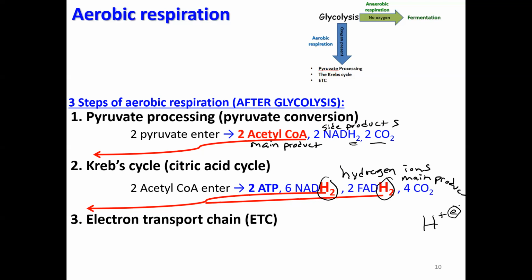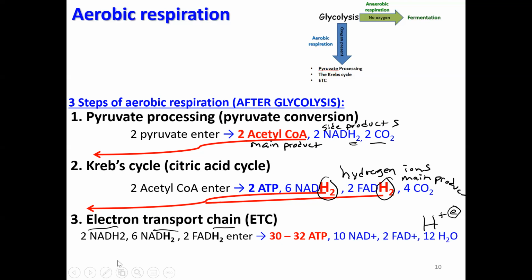Okay. Google it. Electron transport chain. The hydrogen ions that are produced in previous steps are going to be shuttled along the mitochondria of your cells. Oxygen that you breathe in is going to help in the process of making ATP. So this is the last step in aerobic respiration. All the NADs and FADs, and I'll show you a big flow diagram, enter.